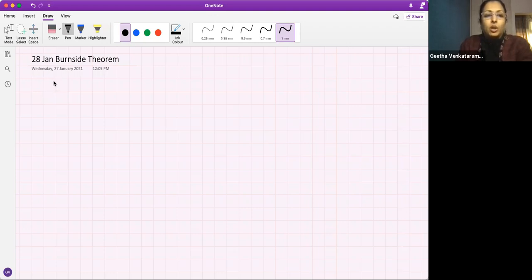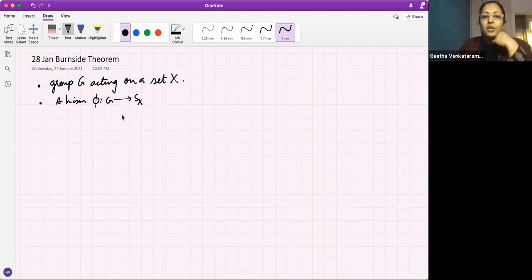So yesterday we talked about a group G acting on a set X, and we saw that this gave rise to a homomorphism phi from G to S_X, and this is called the permutation representation for G.